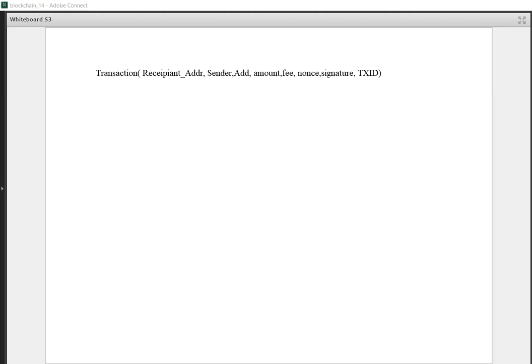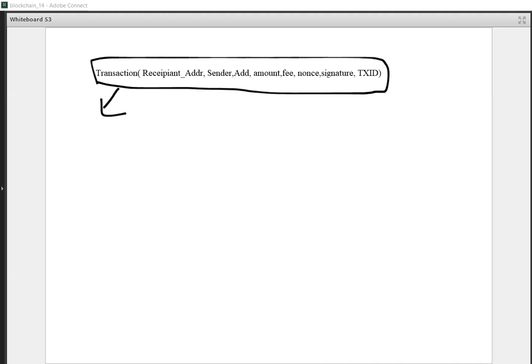Please note, each person who wants to create a transaction creates something like this and sends it through the network to its neighbors. Others, using this signature, can simply check that everything is okay.